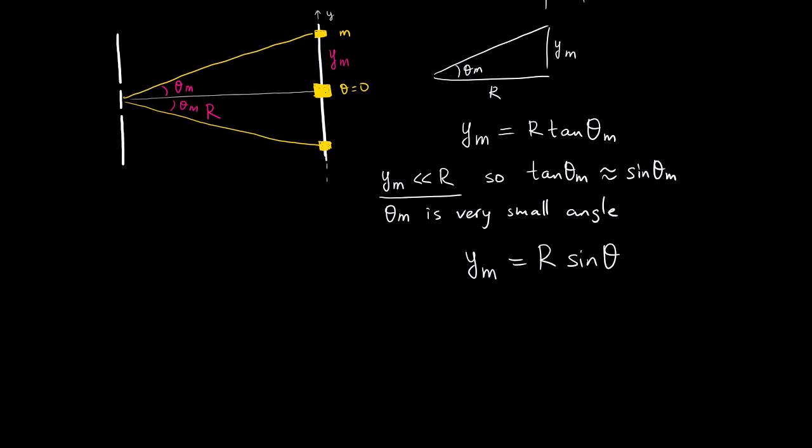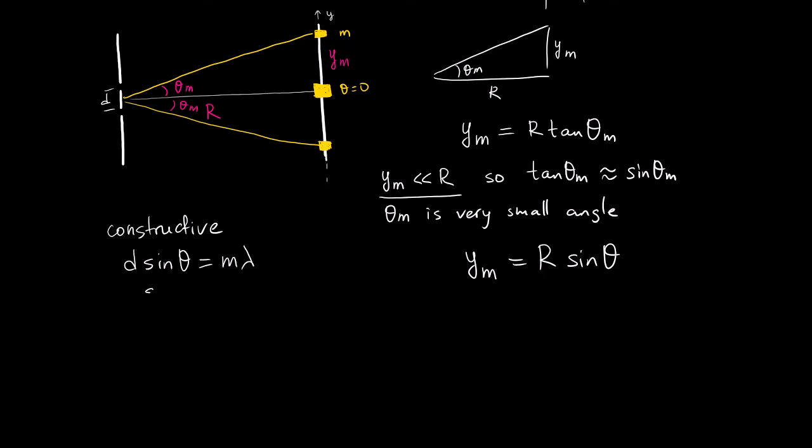But now let's recall, for constructive interference, or for a bright fringe to happen, we need to have d sine theta, where d is the distance between the two slits, equal m times lambda.